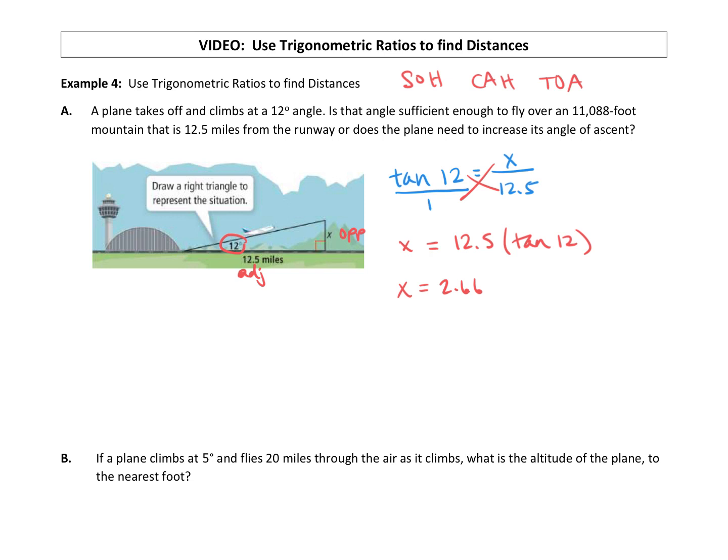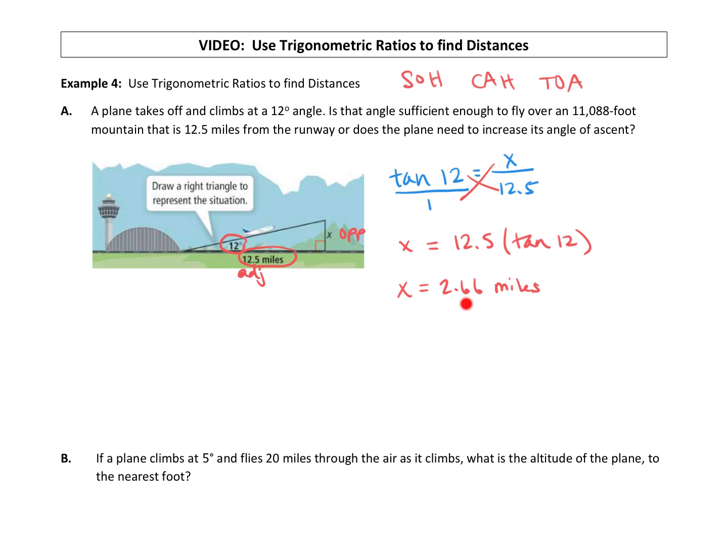Now because we used a unit of 12.5 miles in our equation, our answer is in miles. So the airplane is going to reach a height of 2.66 miles after it has covered a horizontal distance of 12.5 miles.